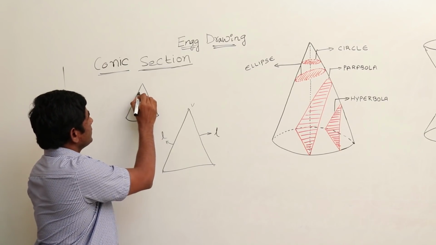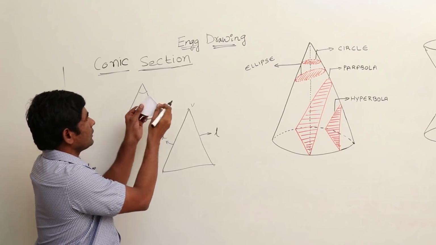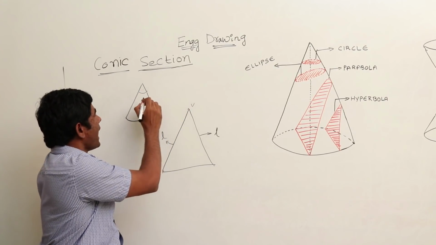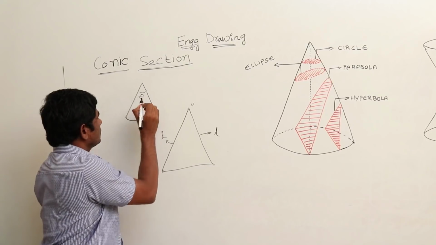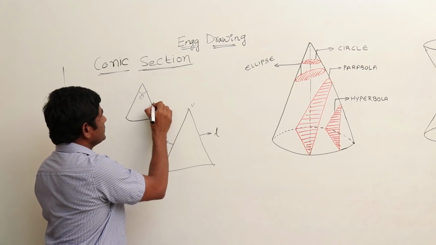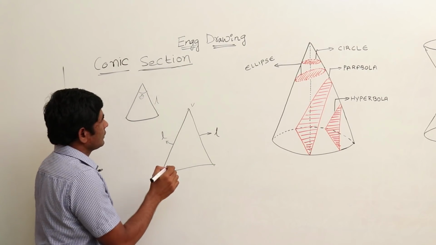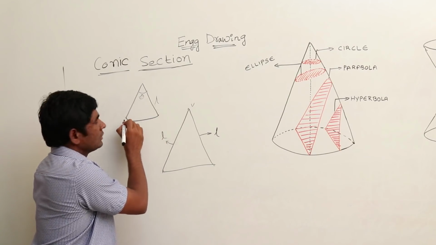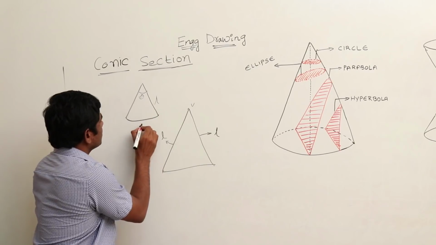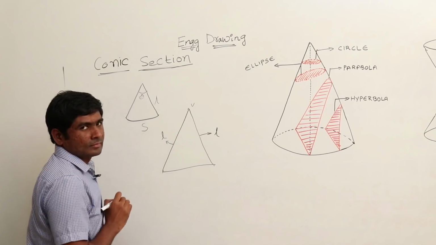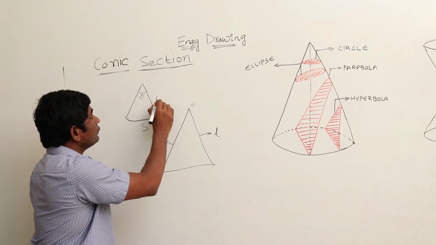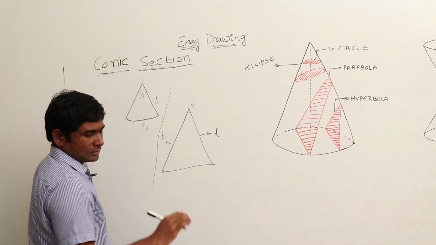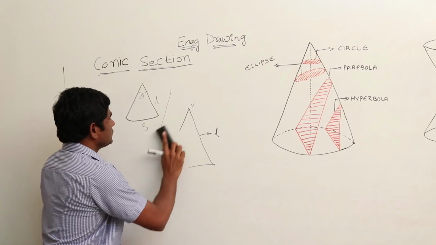And let's say the angle here is theta, and this is the length L, and this is the length of the sector arc, for example I will say this is S. So we know the relation between these three. How to derive the relation between these three?